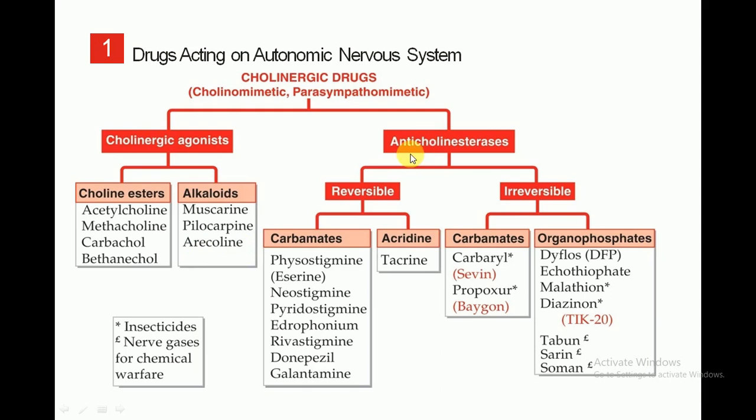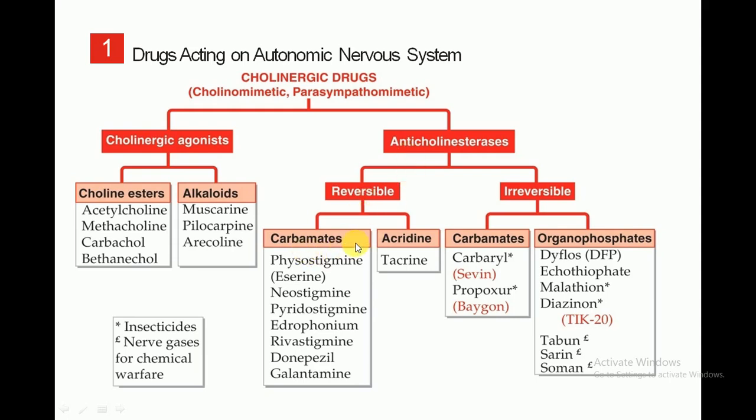The second group is anticholinesterases, which are reversible or irreversible, which I have already explained in my previous lectures. But here I am going to highlight the particular drugs and their doses.